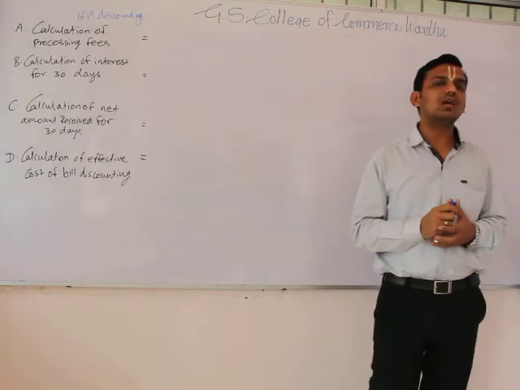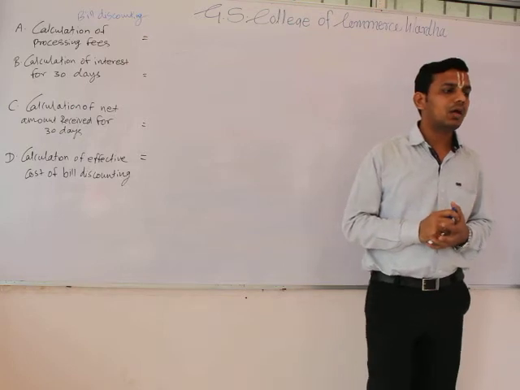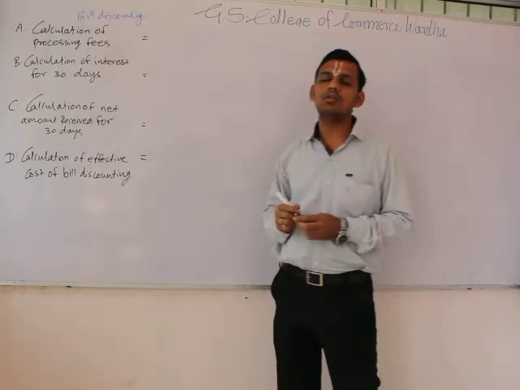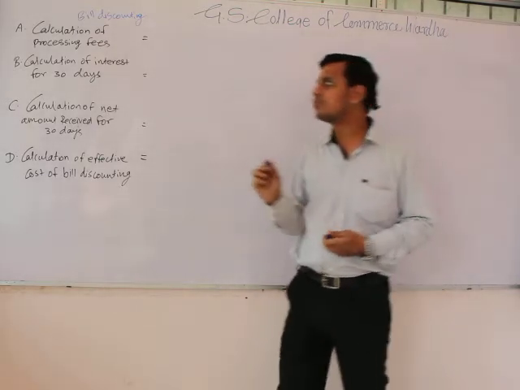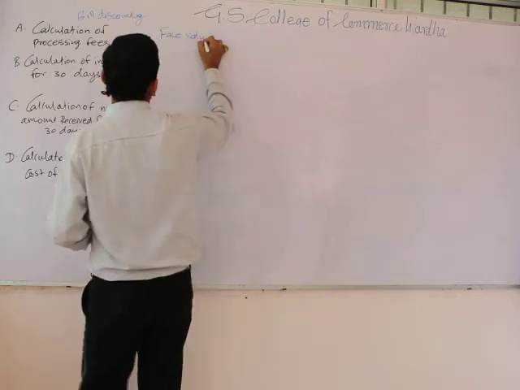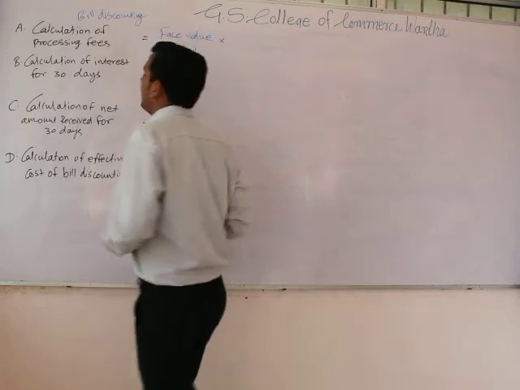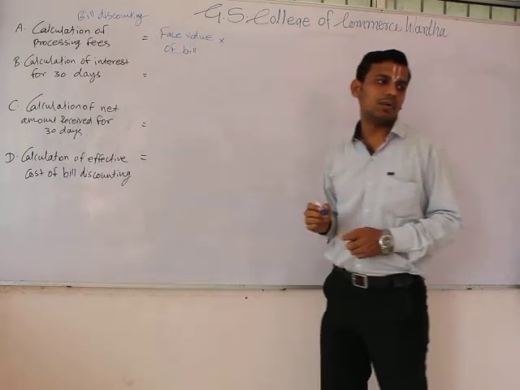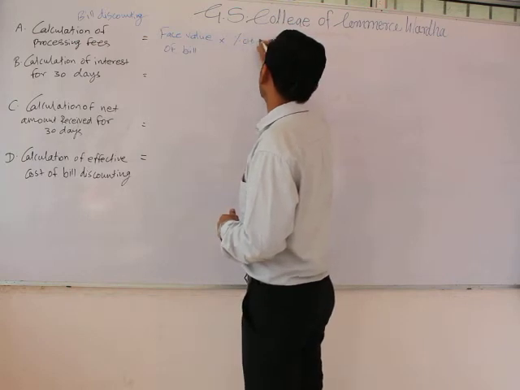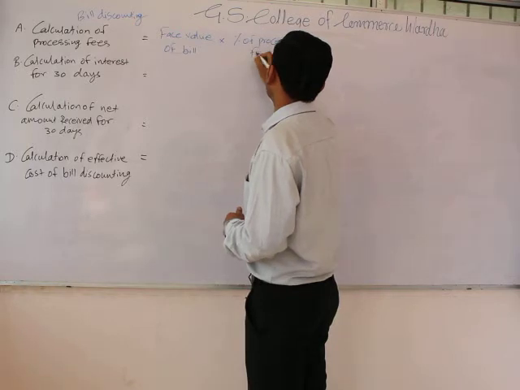As the question says that processing fees would be 1%, we will start with point A, that is calculation of processing fees, which is equal to face value of bill multiplied by percentage of processing fees.